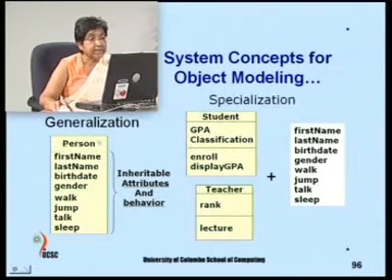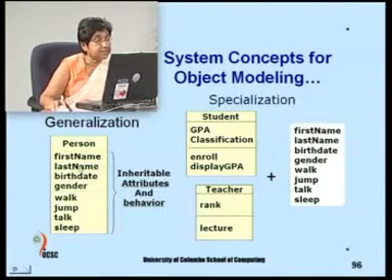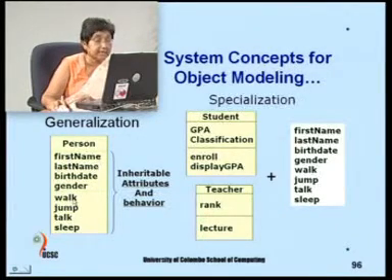Now, here we have the object type called person, and then here you have another class called student. There is another class called teacher. Now, each person has a first name, last name, birth date, gender, female or male. So, these are various attributes. And what methods or functions can they do? A person can walk, a person can jump, a person can talk, a person can sleep.